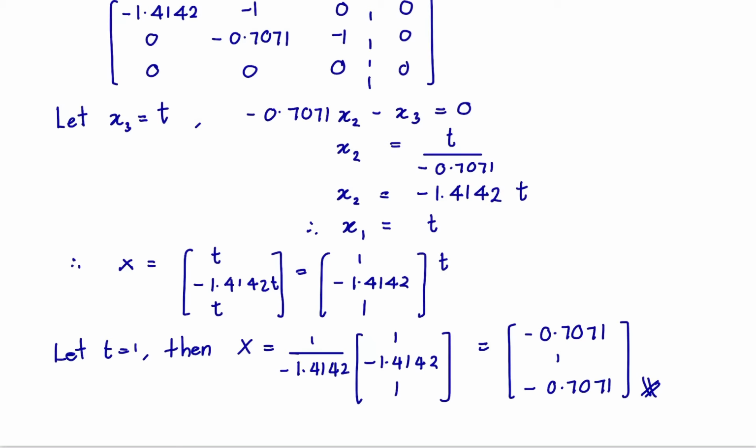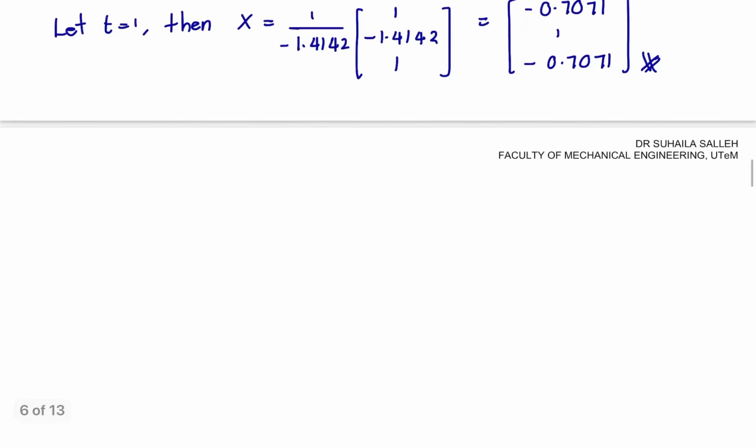So for lambda equals to 2, the eigenvector is minus 0.7071, 1, and minus 0.7071. That is the second eigenvalue.